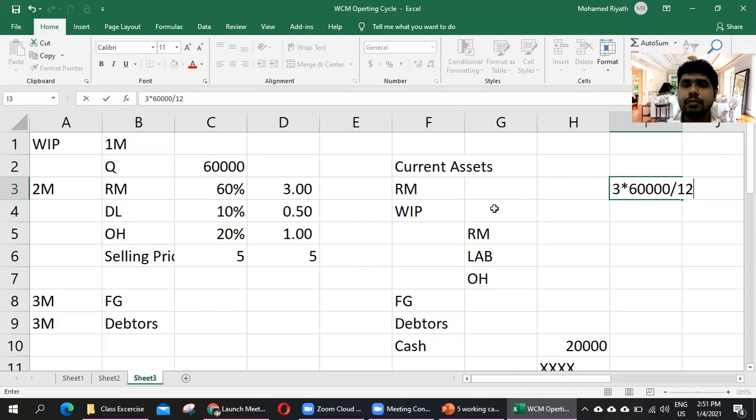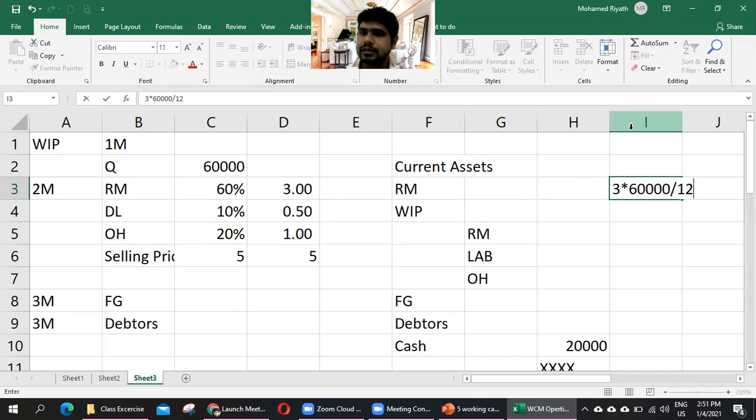How long do we keep our raw material in our warehouse store? 2 months. Here it is 3 rupees per unit.